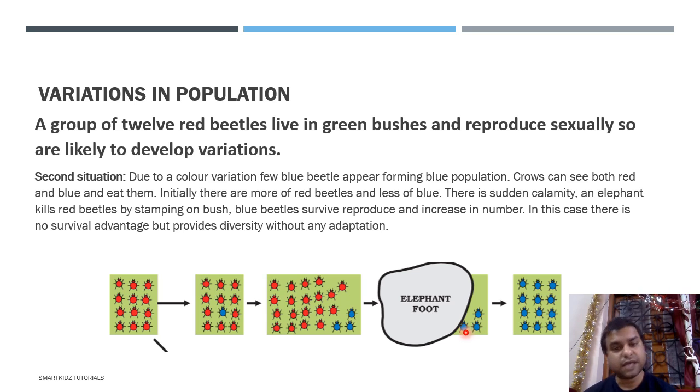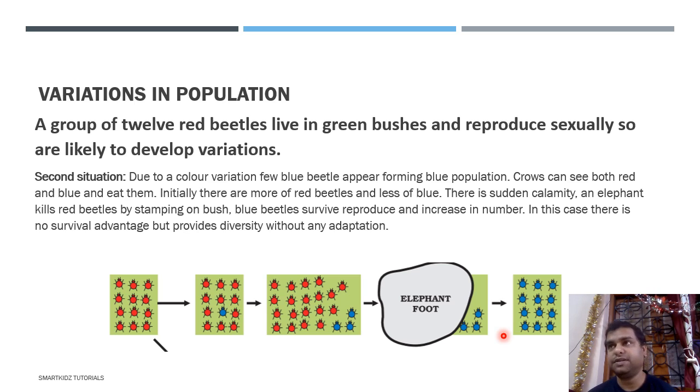Here there is absolutely no advantage. There is no survival advantage. They were just lucky. By chance, they were just lucky that they were in small numbers, and the elephant set foot on the area where they were, which was largely occupied by the red beetles.